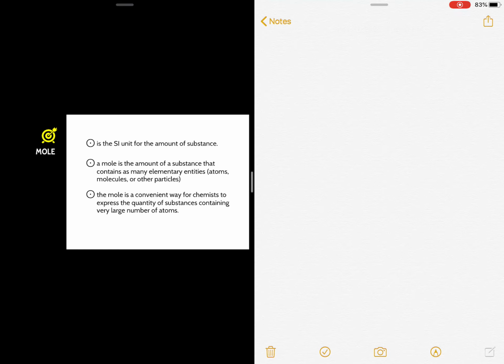Very self-explanatory yan. The mole is a convenient way for chemists to express the quantity of substances containing a very large number of atoms. The unit mole is always used in every calculation. Most of the time, it's used for the calculation in chemistry problems. Ganun siya kagamit na gamit pag nagko-compute.